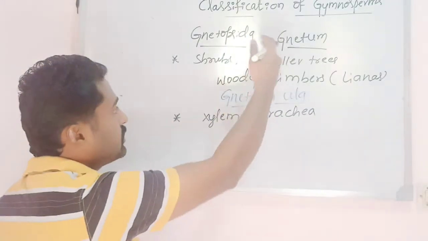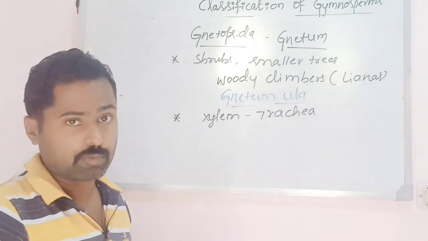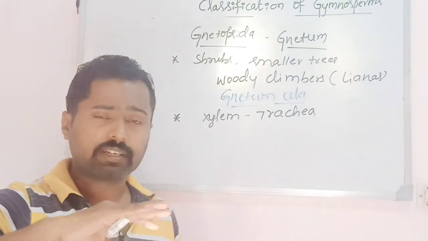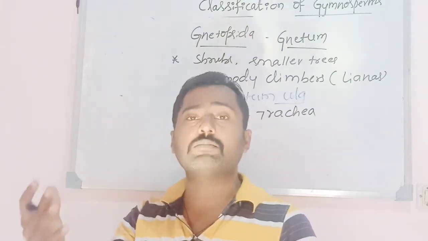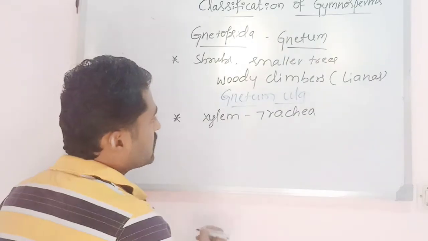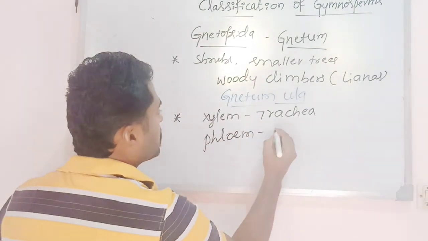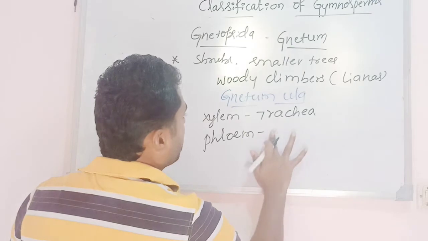And Gnetum can be considered a connecting link between the angiosperms and the gymnosperms, because it has most of the characters that resemble the angiosperms. The xylem has trachea, and the phloem consists of companion cells.